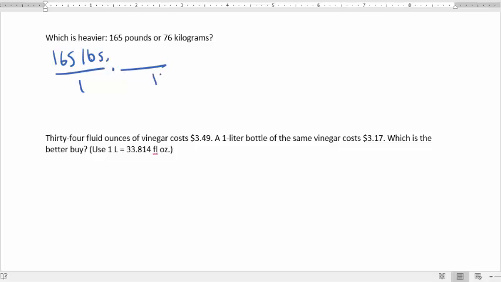So we want pounds to go in the denominator to cancel. So we're going to cancel pounds, and now in this case we're going to divide. It's 165 times 1 and then divided by 2.2.